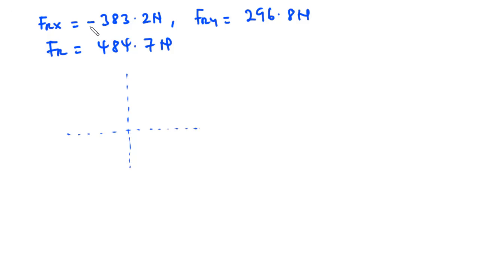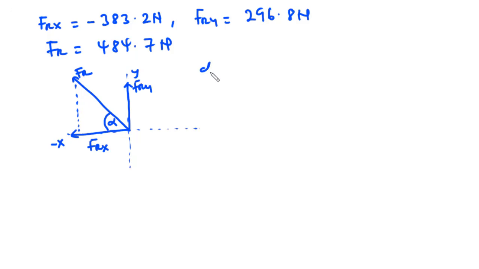So we have a negative value for Frx. So that's going to lie on the negative x-axis. So this is Frx, and then we have a positive value for Fry. So this is Fry, and then we have the force Fr. Now let this angle be alpha, and let's try to find alpha.